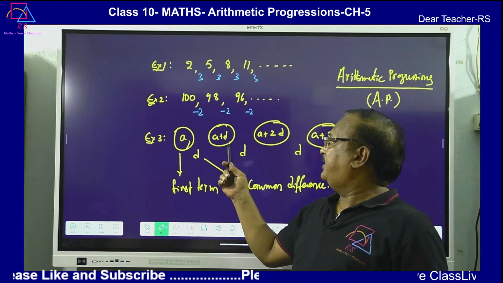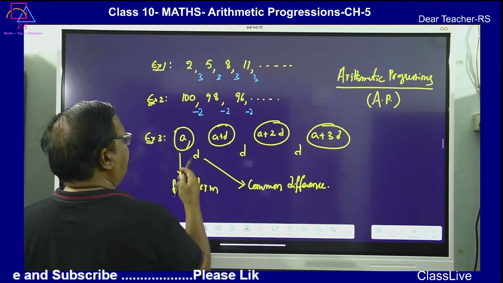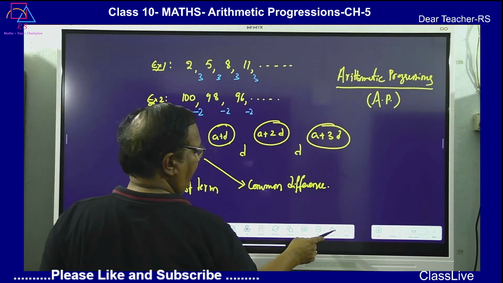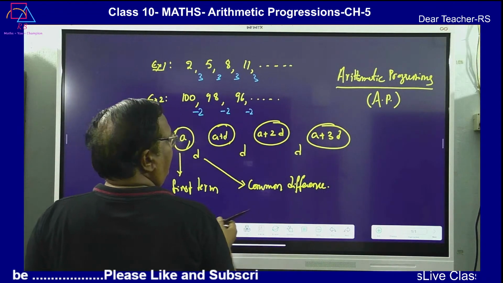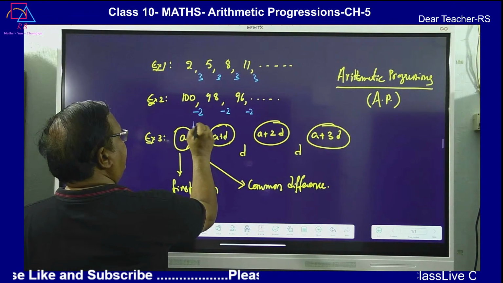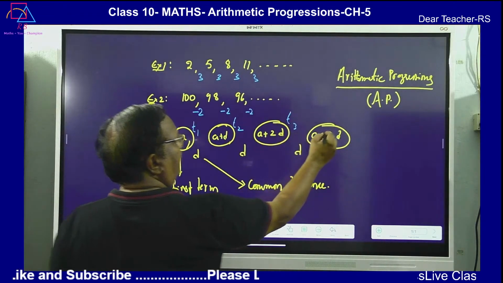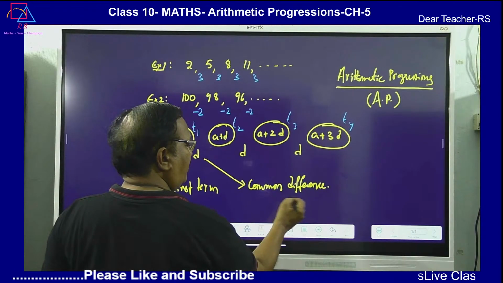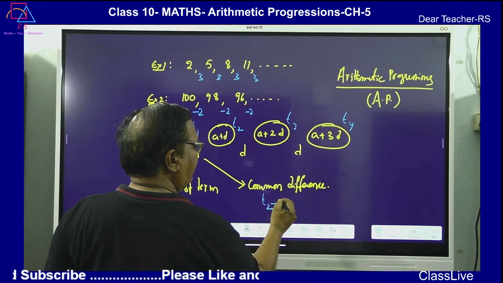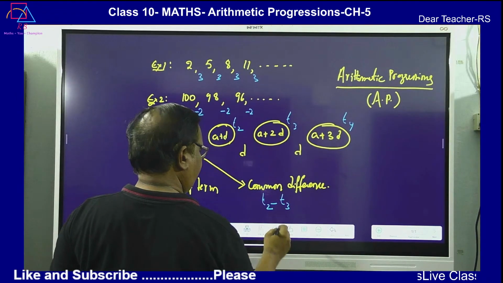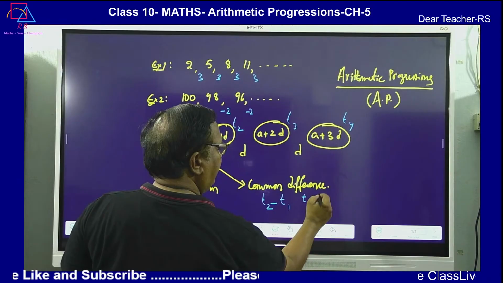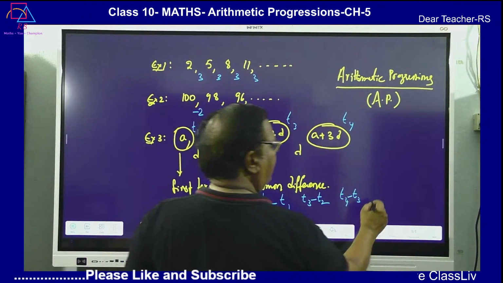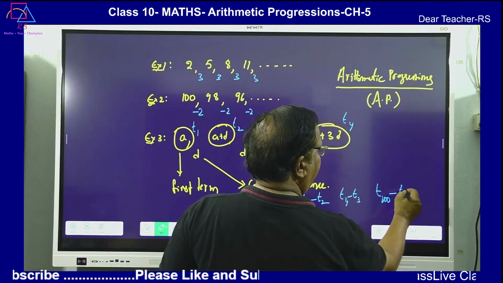If I name these terms with another notation, say T1, T2, T3 and T4, and so on, then the common difference is always T2 minus T1, or T3 minus T2, or T4 minus T3, or T100 minus T99.